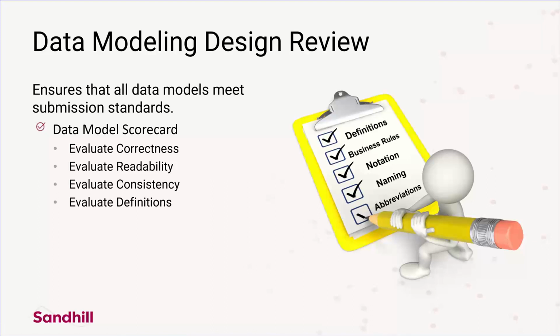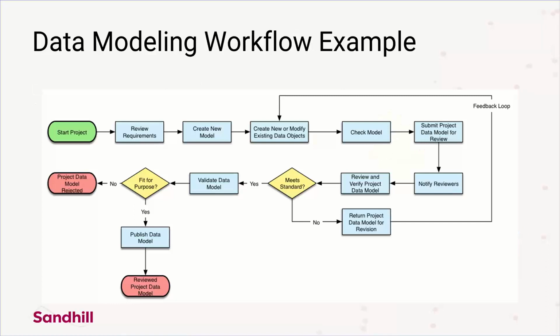Let's go on to the next slide for an example. Remember earlier I told you that it's really important to establish some sort of a RACI context so that everybody understands who's responsible for doing the work, who approves the work, who's consulted and who's informed. So usually you have some sort of a workflow process for this kind of stuff.